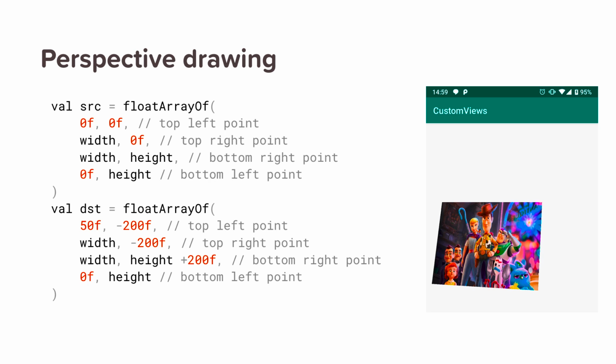And that carries on for every single point or pair within that array that you define. So now the bottom right point of the view, the height of it, or the Y, is going to be 200 extra than what it is when it is drawn on screen. And that gives the cool perspective drawing that we see there.